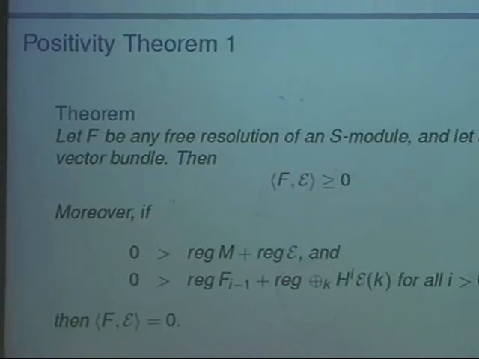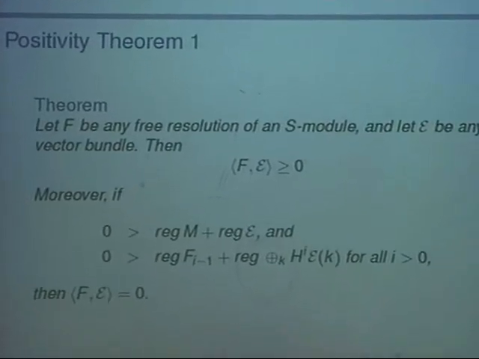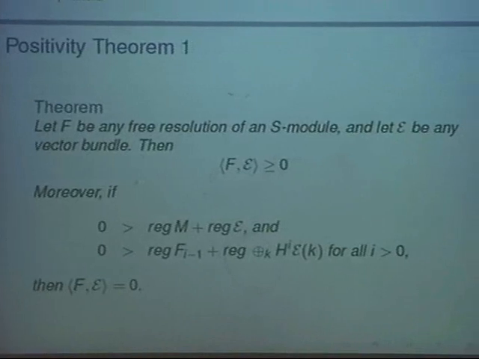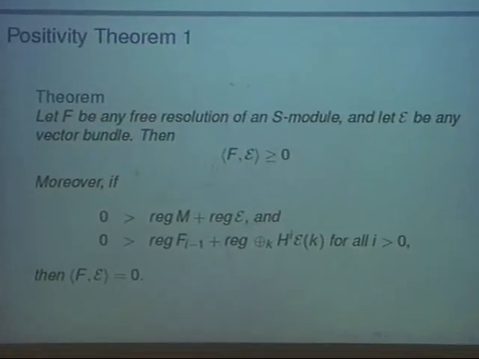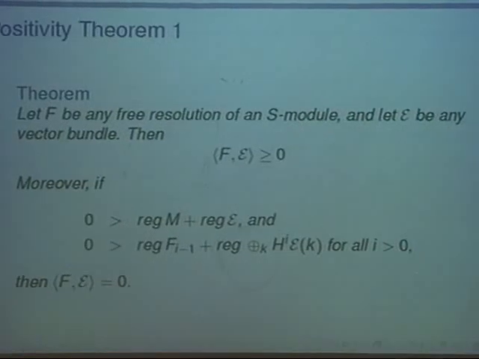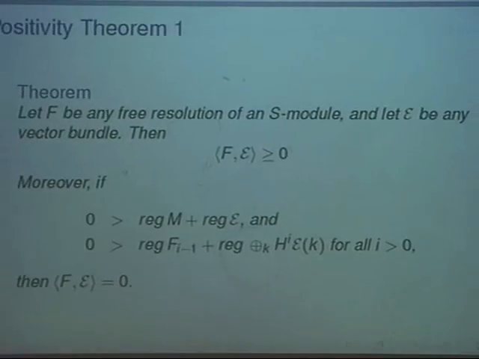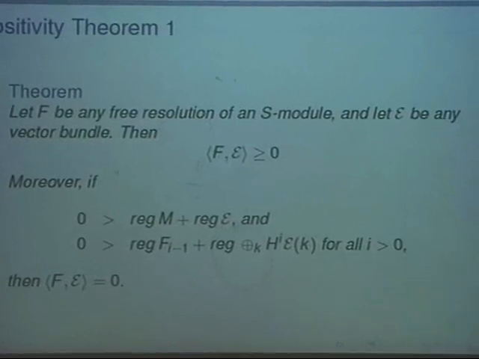So here is our main result. For F any free resolution of an S module and E any vector bundle, this pairing is non-negative. Moreover, under some condition on the regularity, it's actually 0.